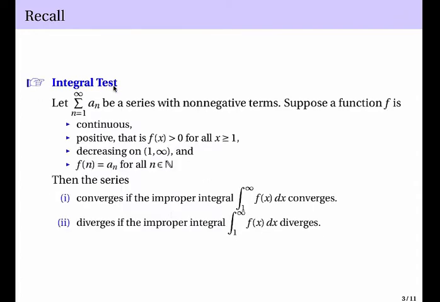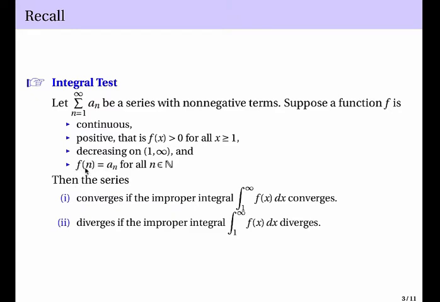Next, let us recall the integral test. Let the series a sub n be a series of non-negative terms, and suppose we have a function f that is continuous on the interval from 1 to plus infinity. The function f is positive, meaning f of x is greater than 0 for all x greater than or equal to 1. The function f is also decreasing on the interval 1 to plus infinity.